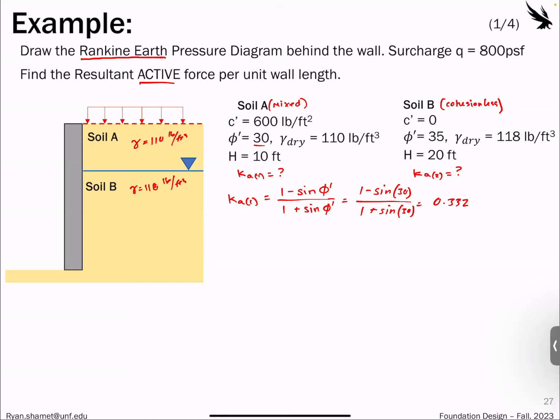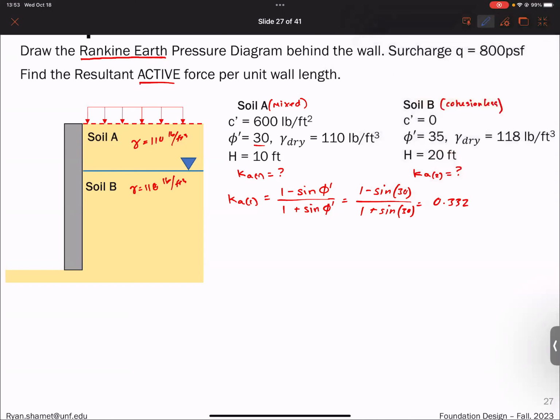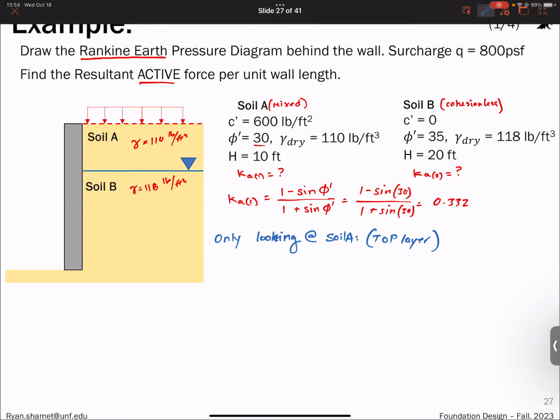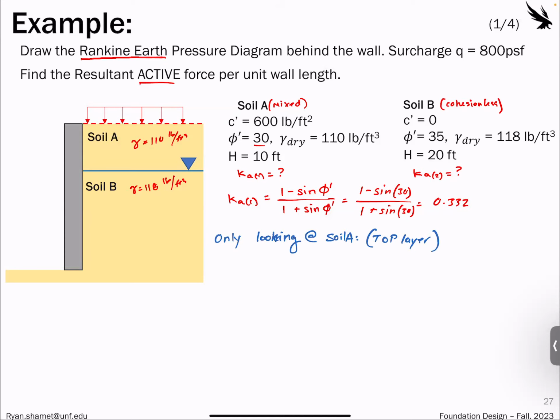So let's look first at only this top layer, soil A. This is a mixed soil, so that means we need to have that negative contribution due to the cohesion, since it is active.